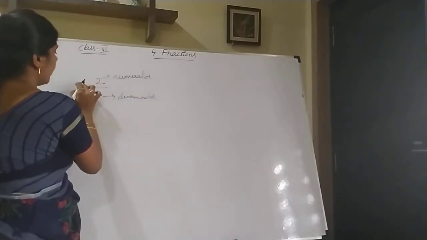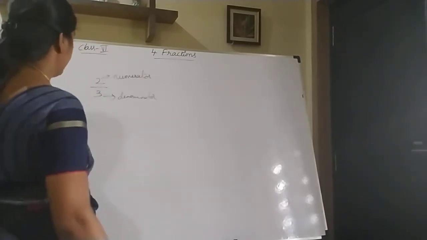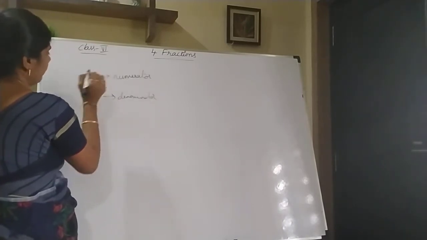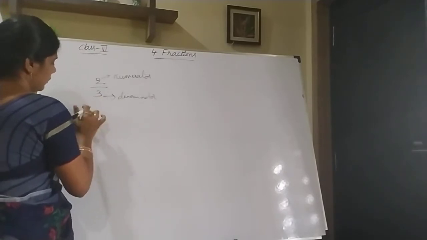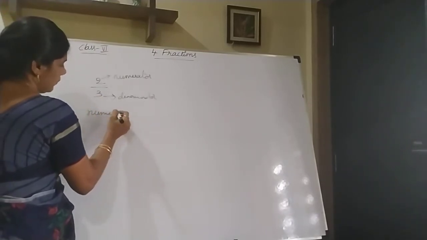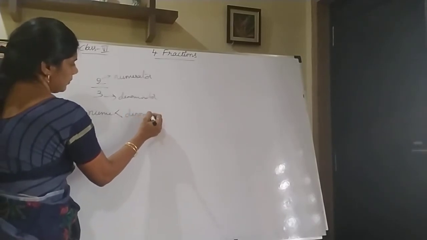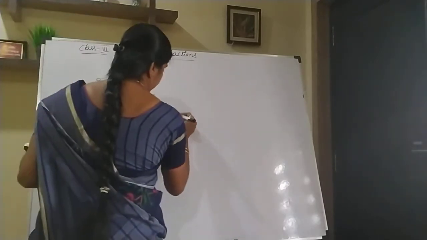We can also read this one as 2 upon 3. Okay. See, if the numerator is less than the denominator, then we call it a proper fraction.